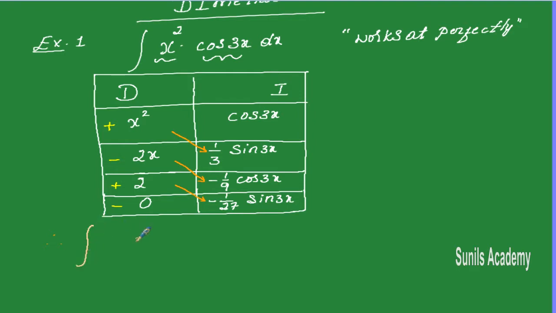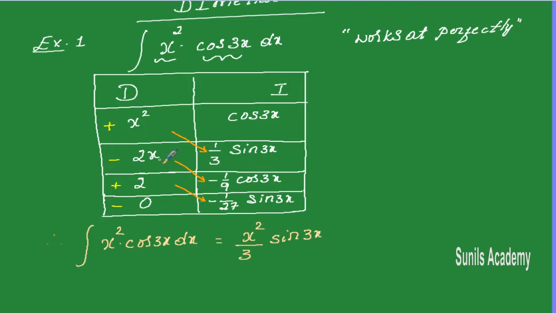Integral of x squared into cos 3x with respect to x. Write it now. Plus into plus is plus, then we have x square by 3 into sin 3x.